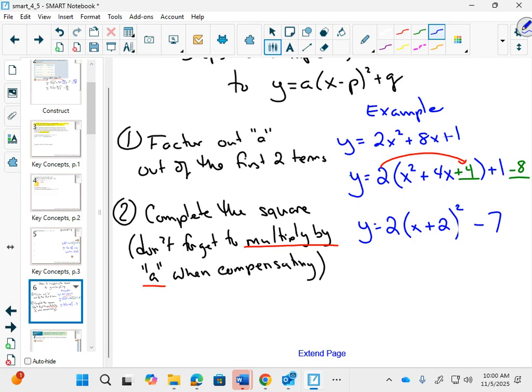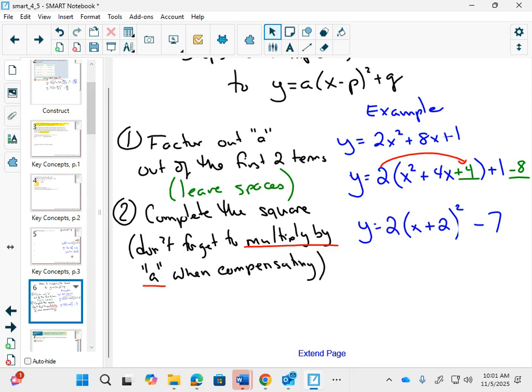So those are our steps. We have to factor out the a out of the first two terms. I also set it up with the green spaces right away. And then we can complete the square.